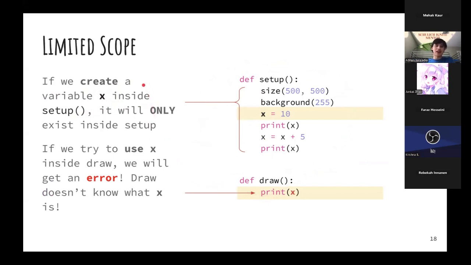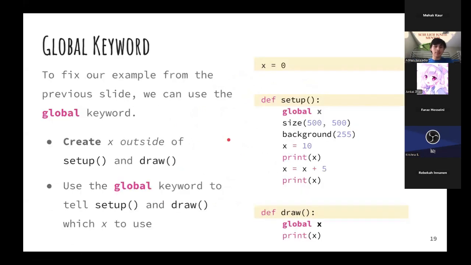It's going to say that it can't access that variable scope, because draw doesn't know what x is. So if we define a variable in a function, like in setup, you can't access it in other functions or on the outside.